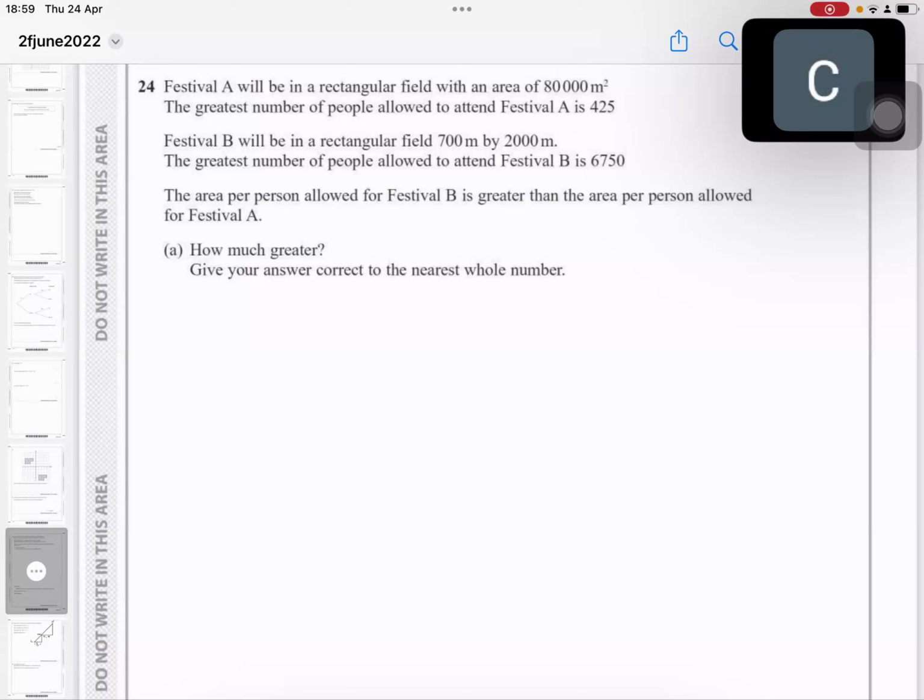Yes. And then remember to give your answer to the nearest whole number. What would you get? 19. 19. Yes. Okay. It looks like this question has more than one question in it. What's the second one?